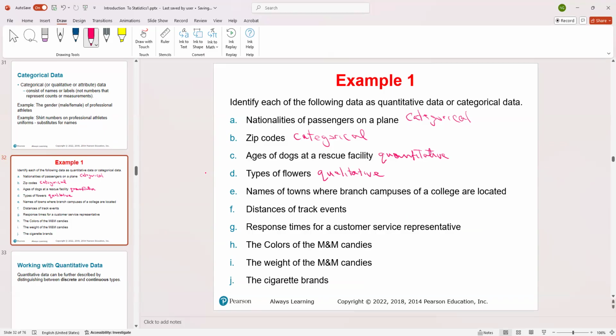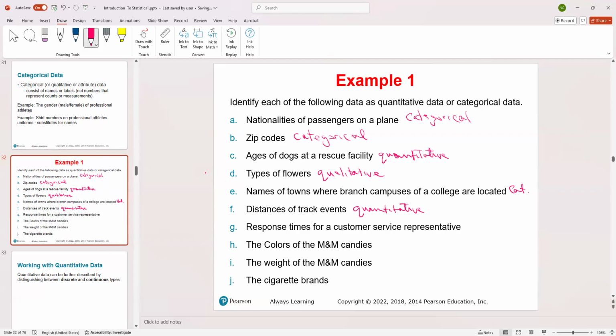Names of towns, those are words, so it's categorical, right? And distance of track events. Remember, distance are numbers because it can be in feet, meters, miles, inches, or kilometers. So this is quantitative data.